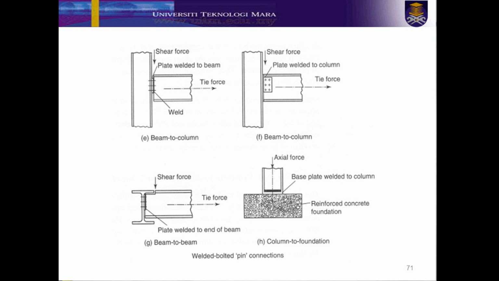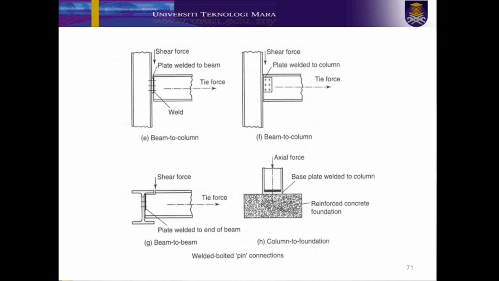And F, you can see the plate welded to the column, and in this case you will have the shear force and tie force together. And G is the beam to column, plate welded to end of beam, where this always happens to secondary beam connections. And you have the column to foundation, where you have the base plate welded to columns.